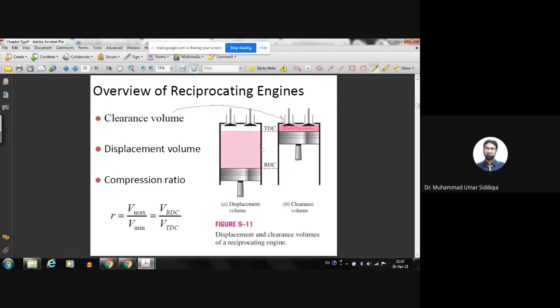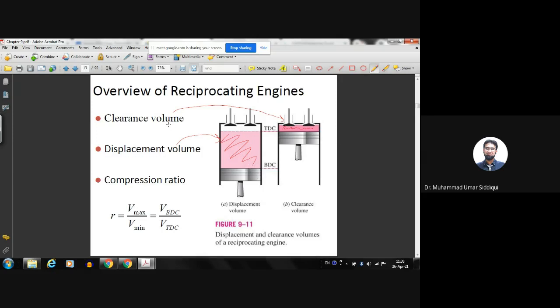And when the piston moves between the top dead center and the bottom dead center, or from the bottom dead center to the top dead center, the volume which is displaced by the piston is known as the displacement volume. The total volume of the cylinder will be basically what? It will be displacement volume plus clearance volume. So when the piston is at the bottom dead center, the total volume of the cylinder will be the displacement plus the clearance volume.